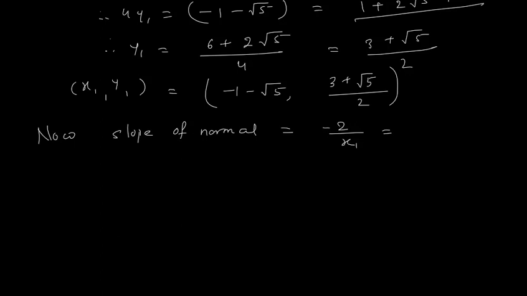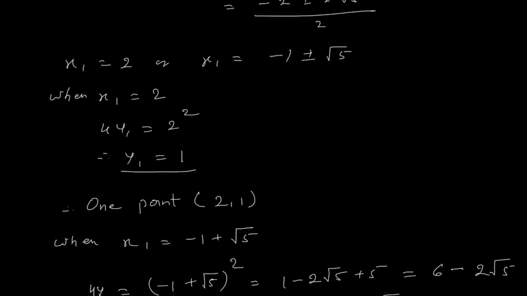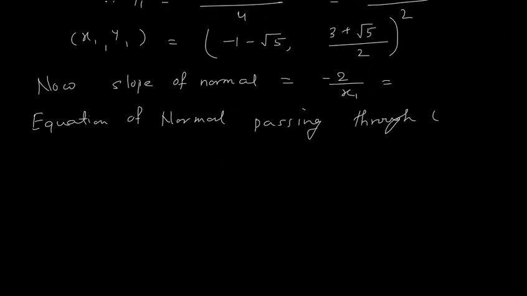So the equation of normal passing through the first coordinate which we got, 2, 1, will be y minus 1 equals minus 2 upon x1, which is 2, into x minus x1, which is 2.